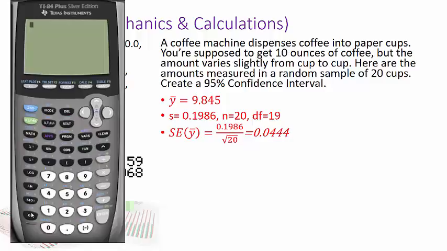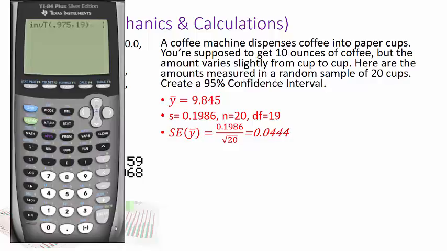And I can get that with inverse distribution. And so I go second distribution. And then I'm going to go t CDF. It should be inverse t. I'm sorry, inverse t. Then I put in 0.975 because remember, everything to the left is going to leave out the 0.025 on the tail. I have 19 degrees of freedom.